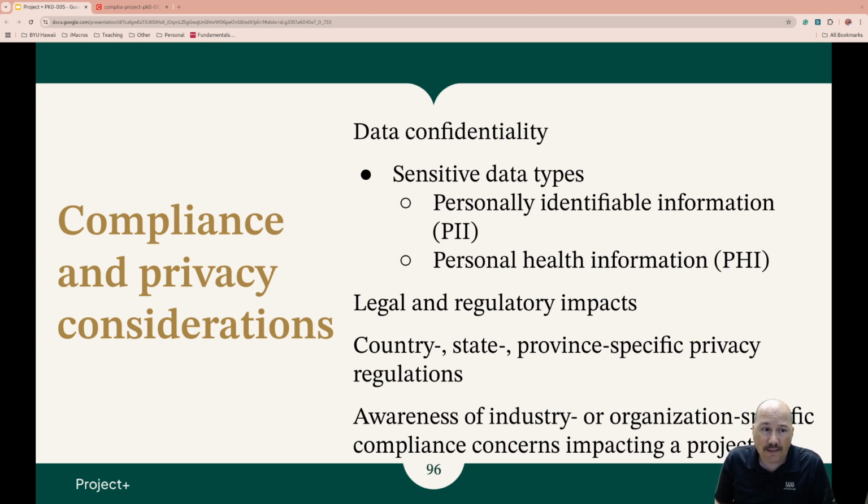You might not be able to have certain data outside a certain location. So U.S. government data is not allowed to be stored on servers outside of the United States. China has a similar thing. Russia, I believe, has a similar one.